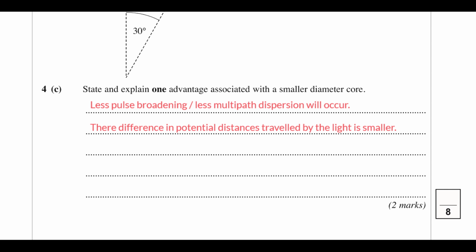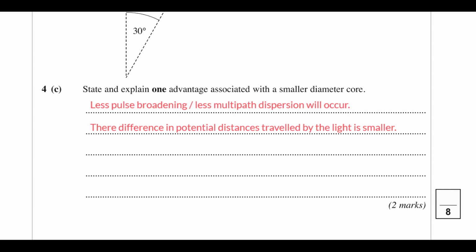You should remember that pulse broadening is caused by the fact light can take different paths and therefore different distances and arrive at different times. But if you make it narrower, the range of possible distances gets smaller, so the pulse broadening effect is reduced. So that's an advantage.